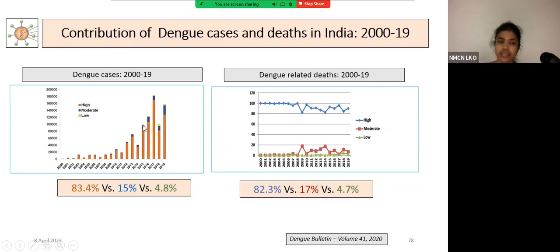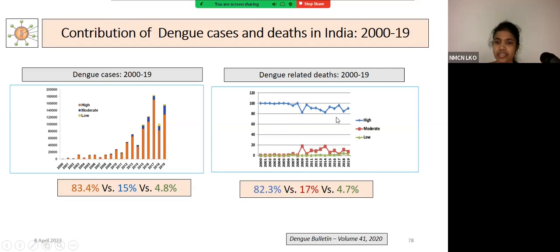If we see the contribution as per the zones, maximum caseload was from the high burden zone. We can see the orange bar showing the trend from 2000 to 2019. It contributes 83.4% from the high burden zone. And also dengue-related deaths are maximum from the high burden zone.